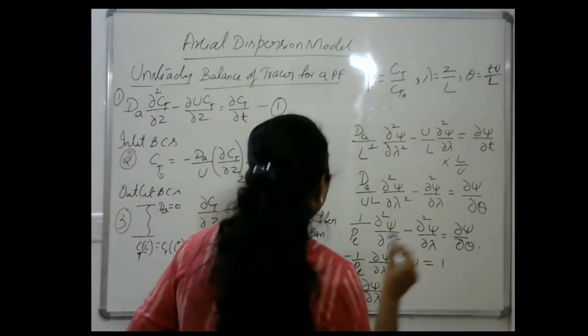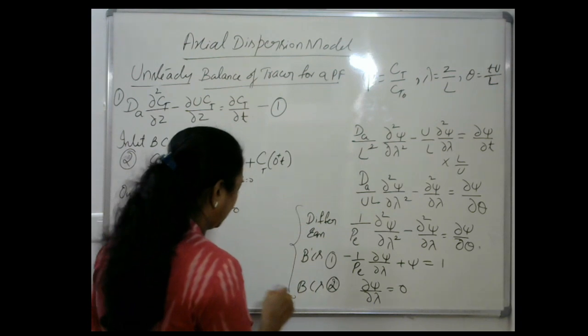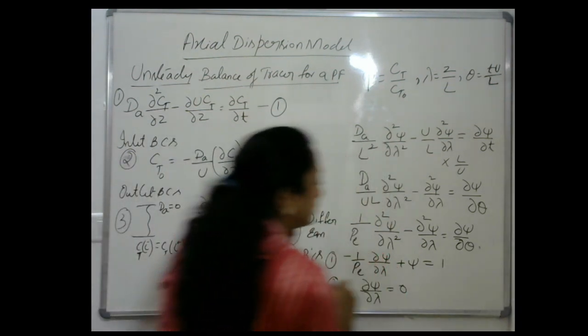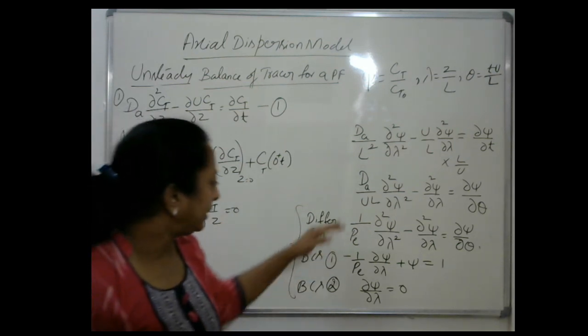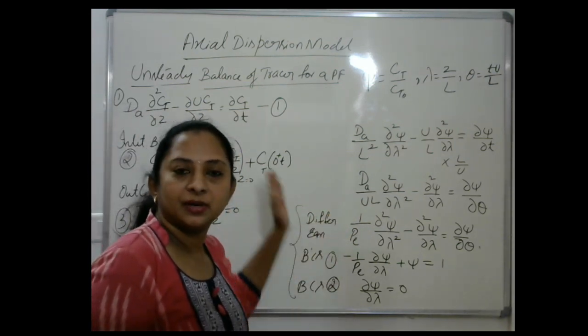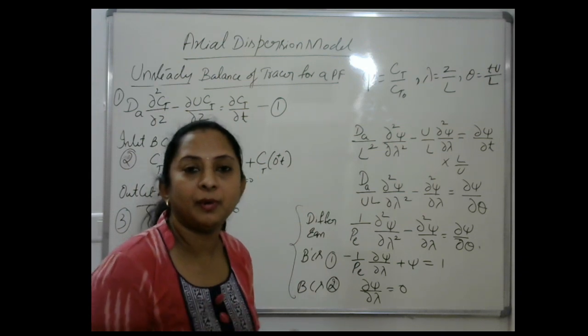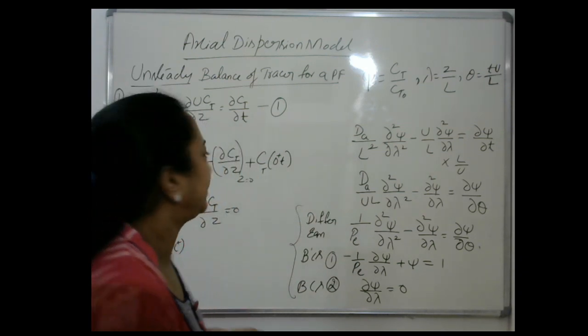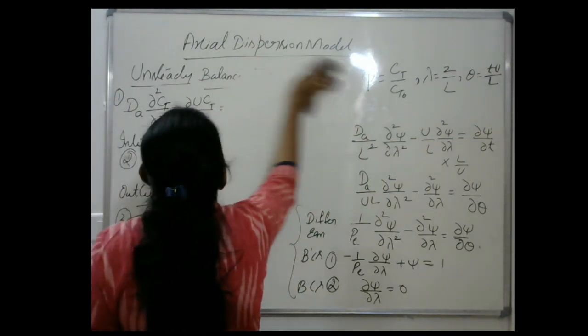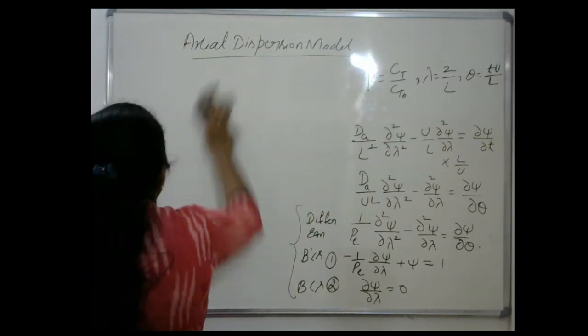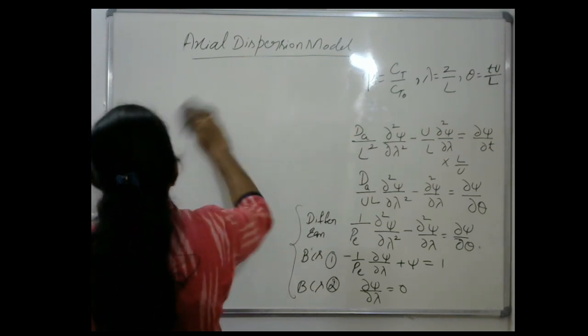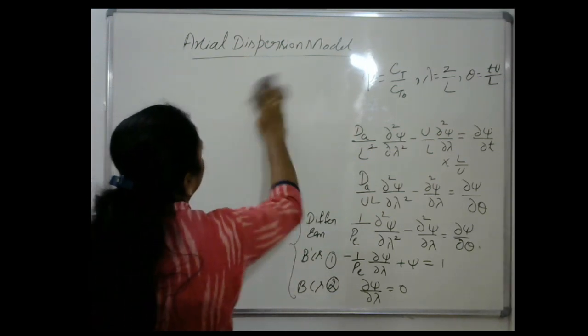So we have to solve these equations. Of course, you need not solve these equations. I'll give the solutions. If you remember those solutions, it will be sufficient. The solutions for those equations tell us how to find C theta, how to find E theta, and how to find D by uL.